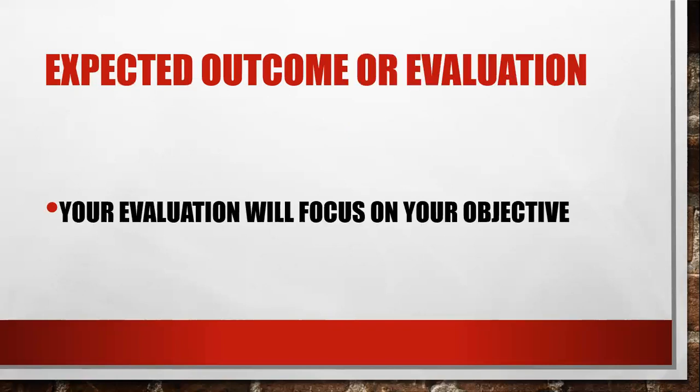Under the expected outcome, this is another important component. Some would write it as expected outcome or evaluation. So either of the two will do. Your evaluation is actually centered on the objective. You are evaluating the objective that you wrote earlier on, okay?